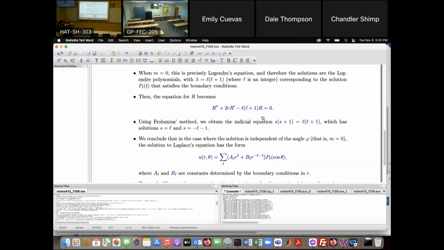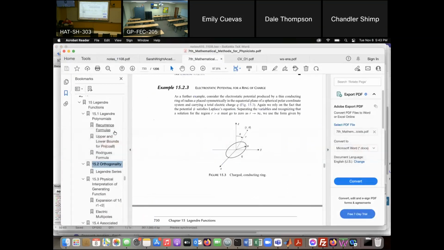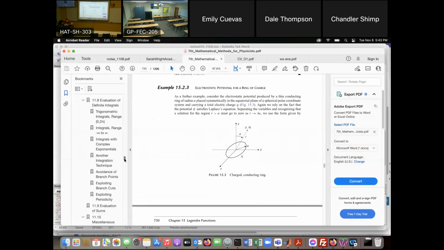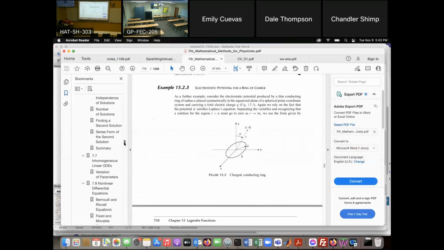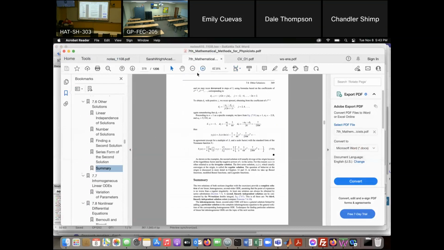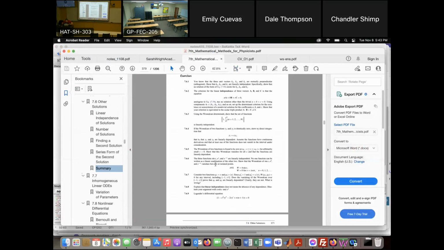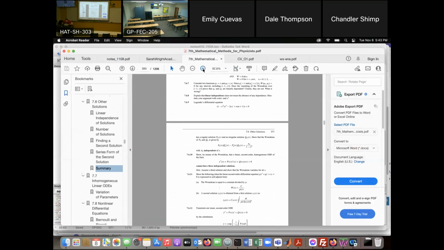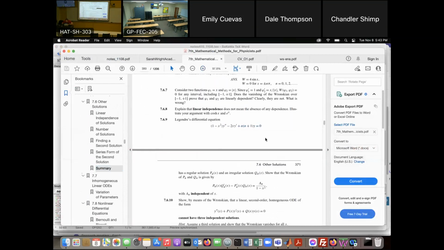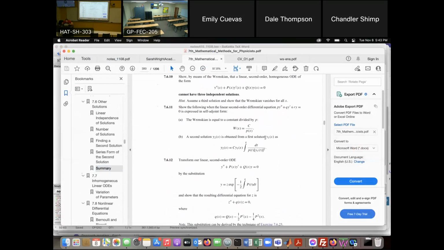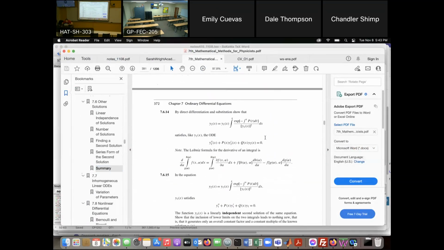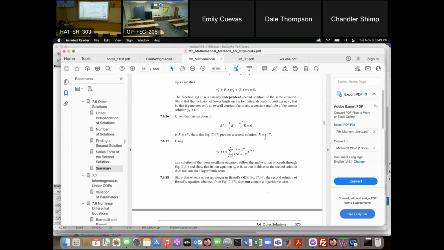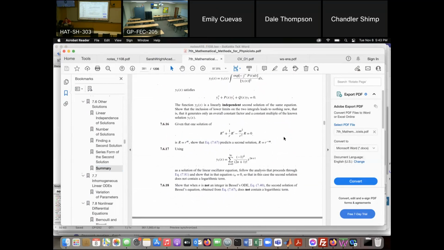I want to check something here. I think that might have come up in one of the homework problems. Well, it is the Legendre equation right here, but the other ODE, I was thinking of this one, but this is not exactly the same.